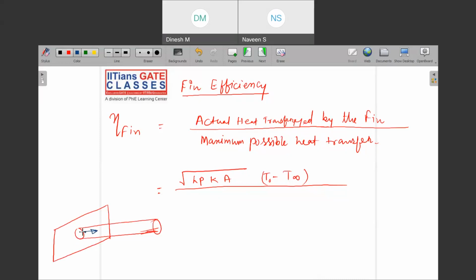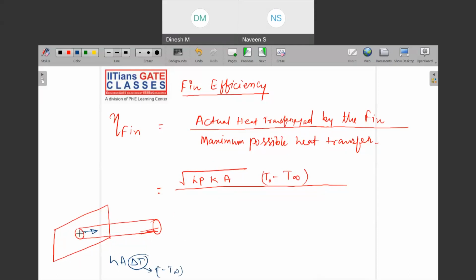Like how you applied H A delta T, because that delta T was uniform. But in this case, this temperature difference is not uniform. That is why the heat transfer comes like this.